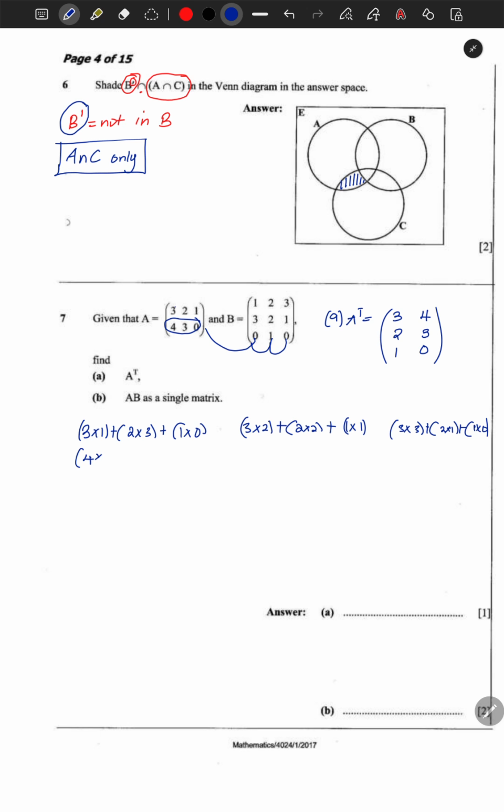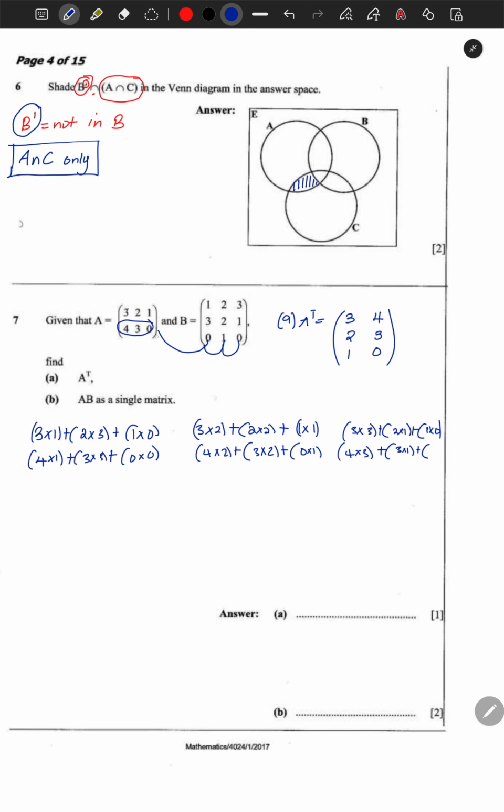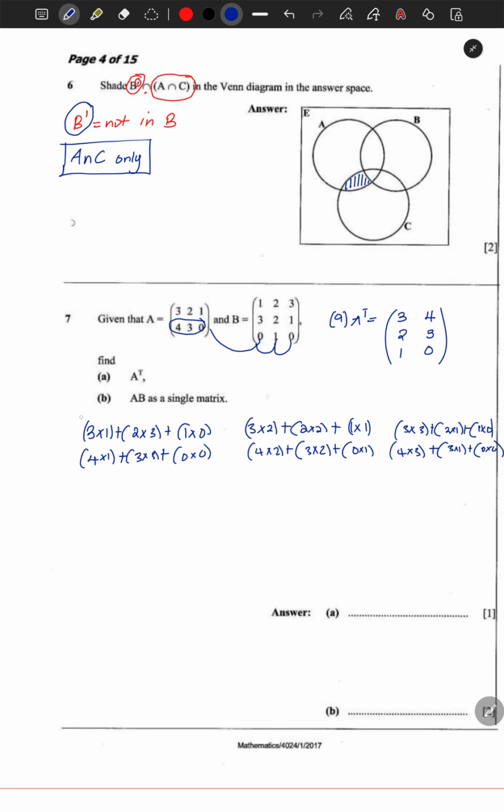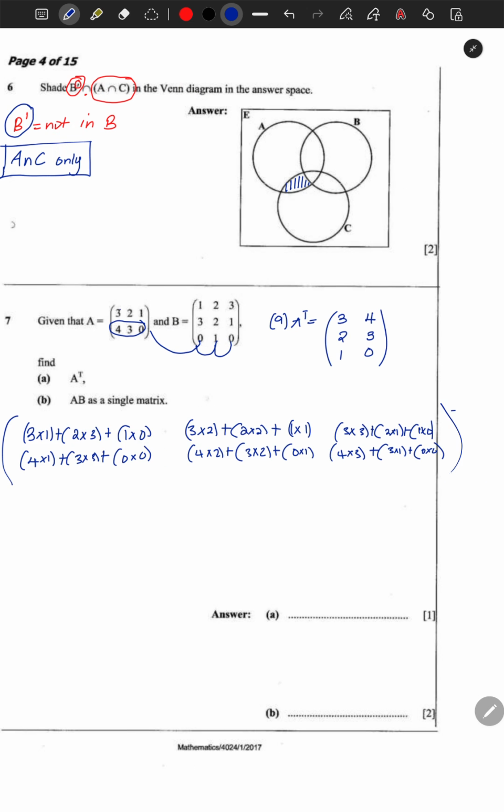So it will be 4 and 1, 3 and 3, 0 and 0, then 4 and 2, 3 and 2, 0 and 1, then 4 and 3, 3 and 1, 0 and 0. Like this, then you close.